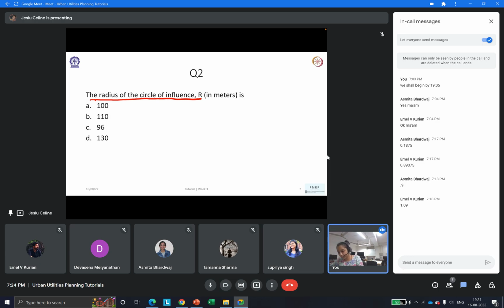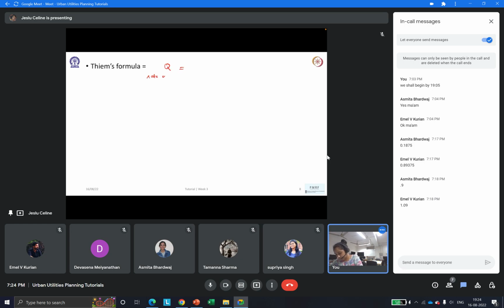We'll be using the Thiem's formula, where Q, which is the rate of pumping, that is, how much we can pump from that particular well, is equal to Km, the transmission coefficient. It's a constant basically used.